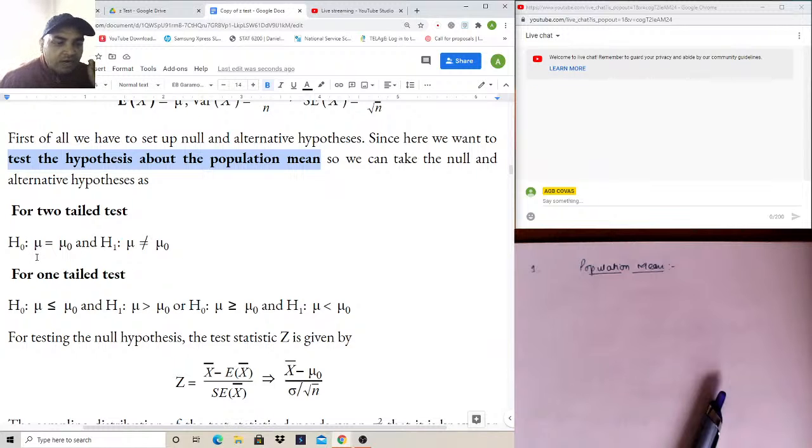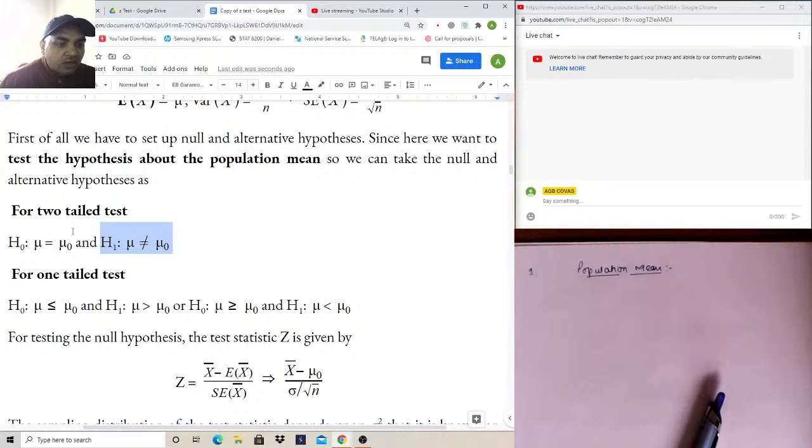Our null hypothesis will be that the sample mean is equal to the population mean, and its complement will be that our sample mean is not equal to the population mean. Our alternative hypothesis is the complement of our null hypothesis, and whenever there is an equality sign, that is supposed to be the null hypothesis, and when it is an inequality sign, then it is supposed to be your alternative hypothesis.